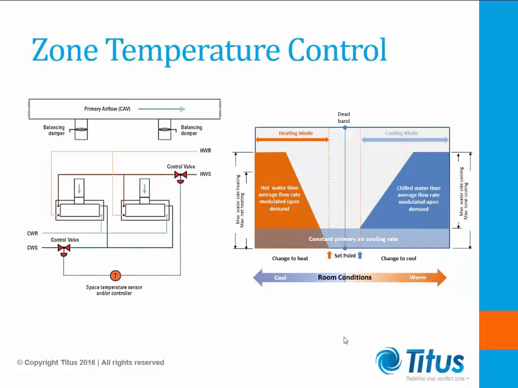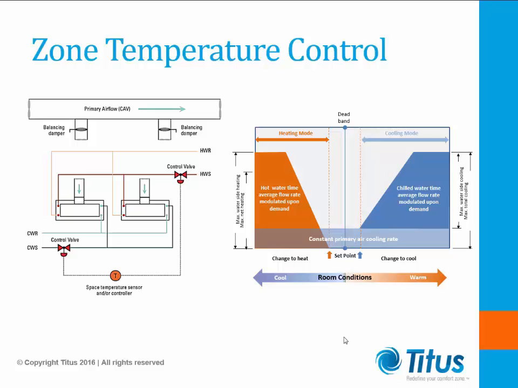Now we'll take a look at how you control temperature within the zone. Most chill beam systems are going to be constant airflow, so constant volume systems. So that primary air is going to be providing a little bit of the sensible and all of the latent cooling to the space.